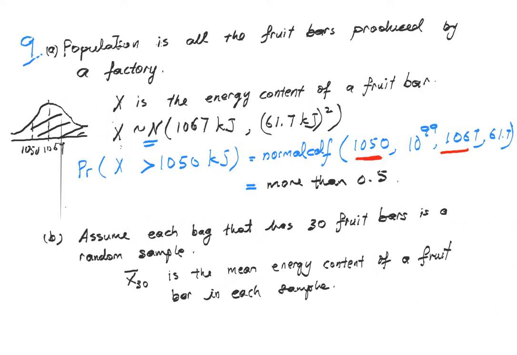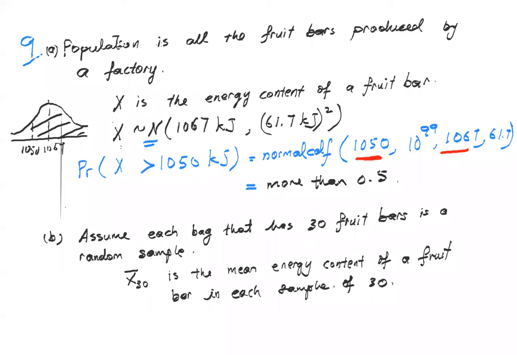Every time I do this type of thing, I will make an assumption like that. Now X bar 30 is the mean energy content of a fruit bar in each sample of 30. If I want to be more detailed, I would say of 30. So this is how you define it.